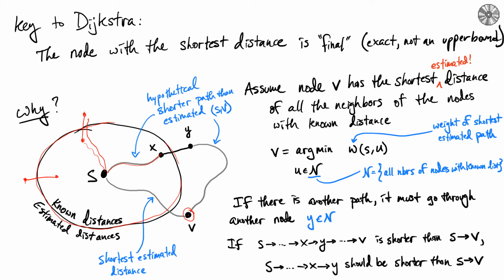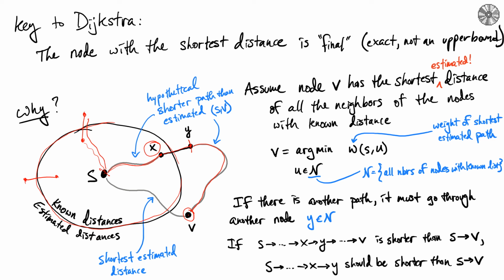And the fact that this has to use another neighbor of our known distances, so X we know the distance to, it's certain, Y is an estimated distance, and so if this path from S to X, X to Y, and Y all the way to this V node is actually shorter than S to V, then that means that actually the distance from S to Y is shorter than S to V. And so that's a contradiction.